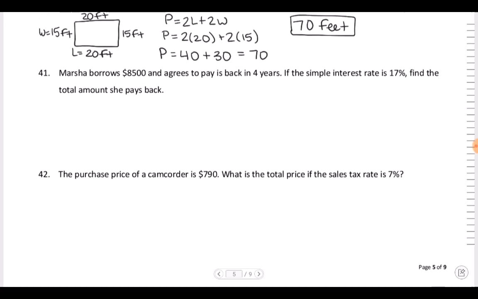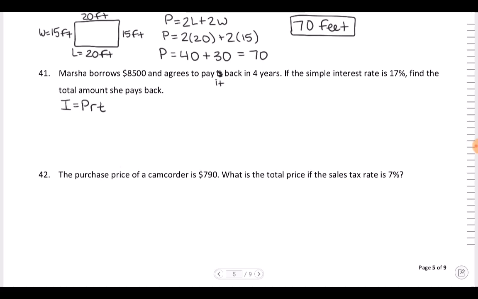Okay. Number 41, Marcia borrows $8,500 and agrees to pay it back in 4 years. If the simple interest rate is 17%, find the total amount she pays back. Okay, so I equals PRT is my simple interest formula.